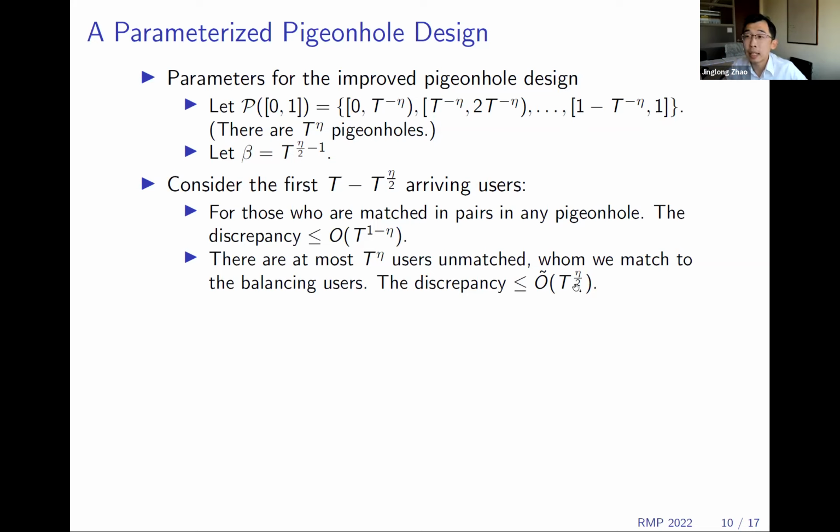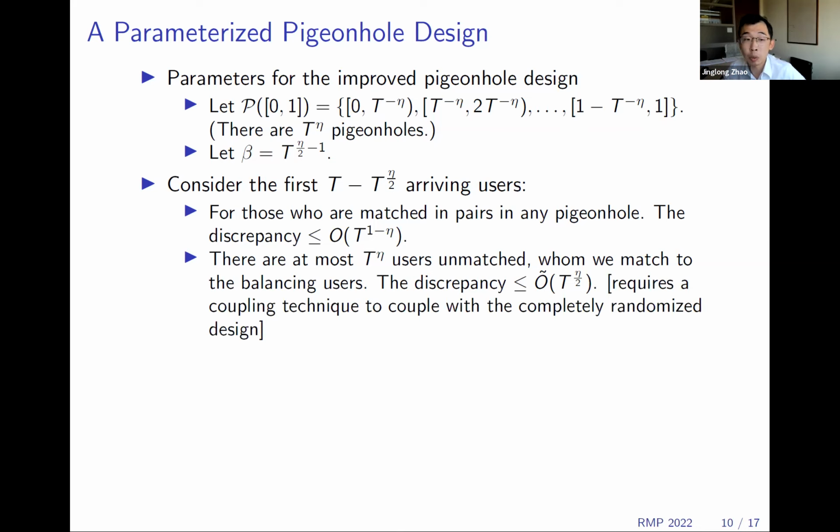This is a slightly more tricky analysis, which I will not talk about in this talk today, but it does require a non-trivial coupling technique to couple with the completely randomized design, which we have carefully analyzed in the previous slide. So basically, we use the analysis of the completely randomized design to analyze the pigeonhole design's performance in this case, by matching them across different pigeonholes.